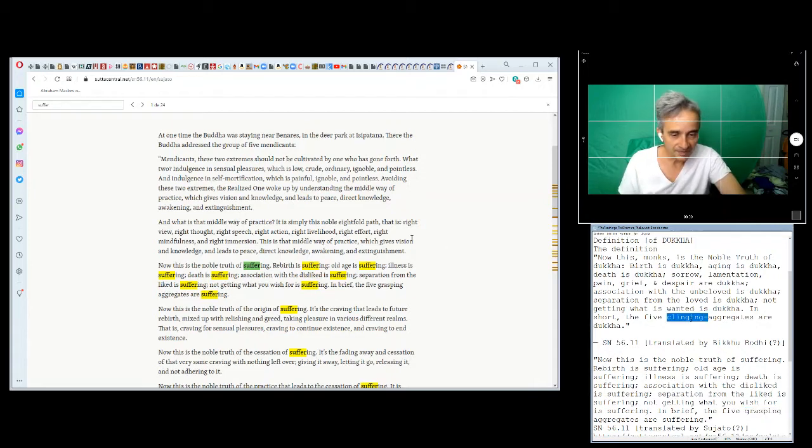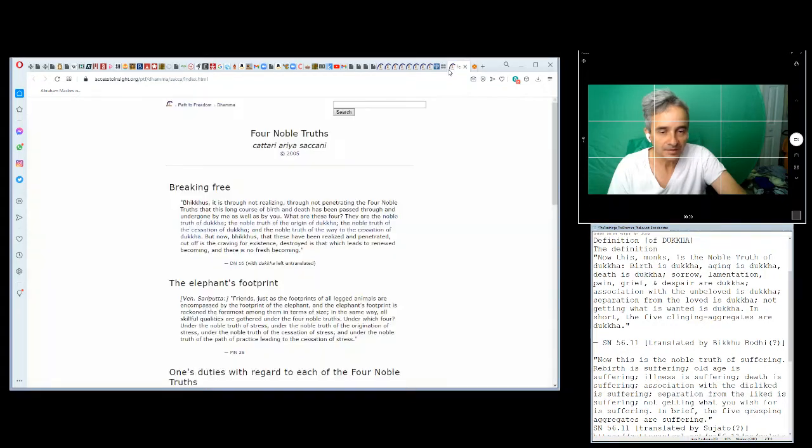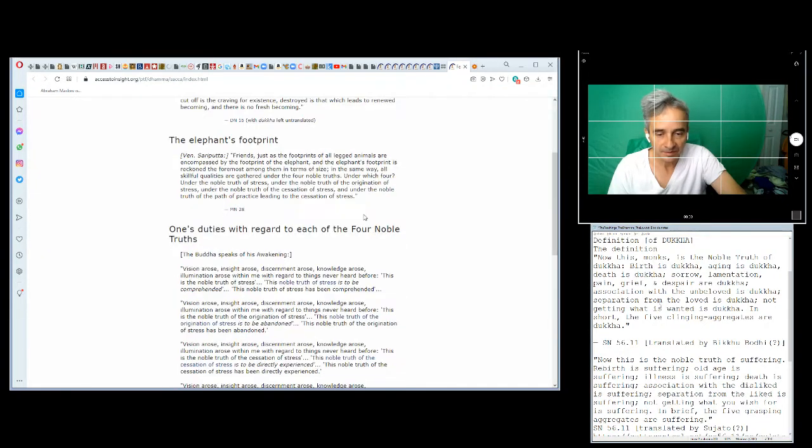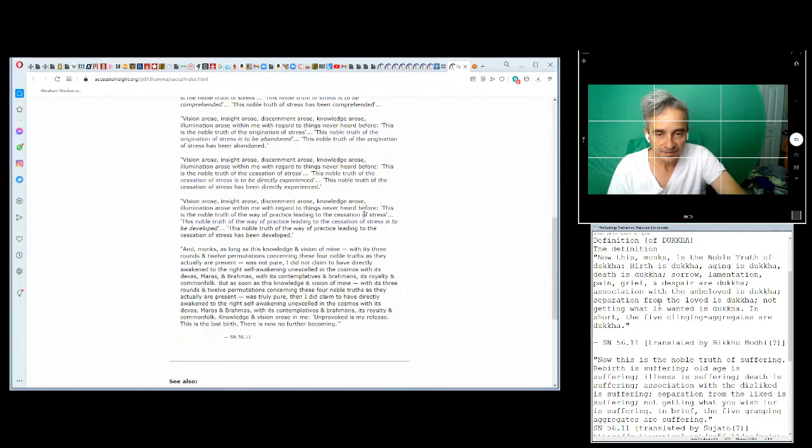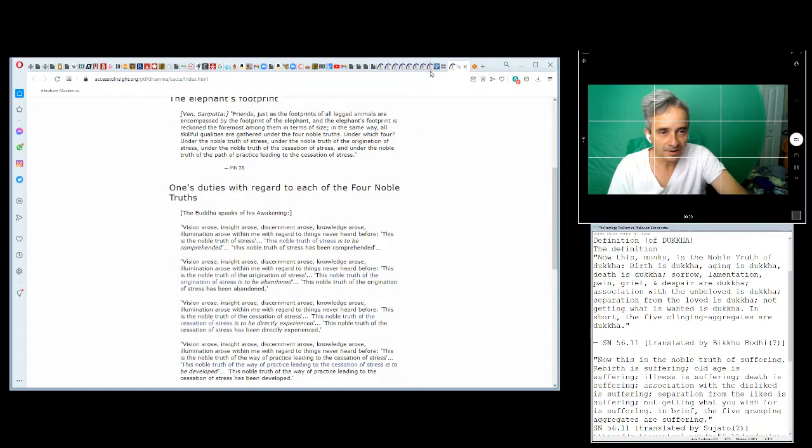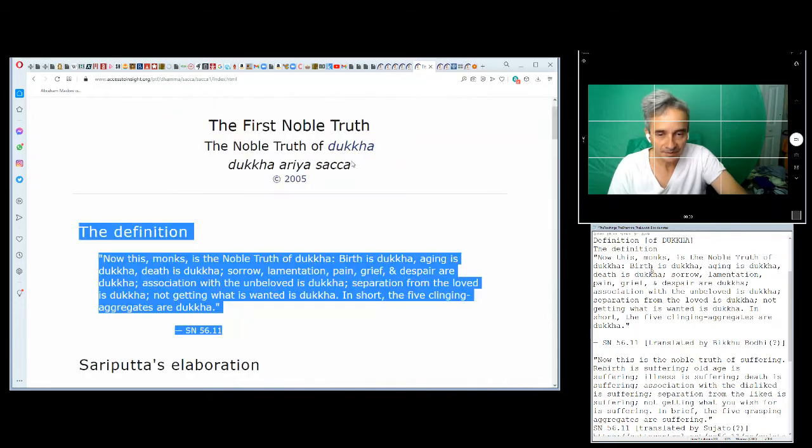Then when I go like this, let's see what... translated from the Tanisaru. Oh, this is not Bhikkhu Bodhi, it's Tanisaru Bhikkhu. That's another one.